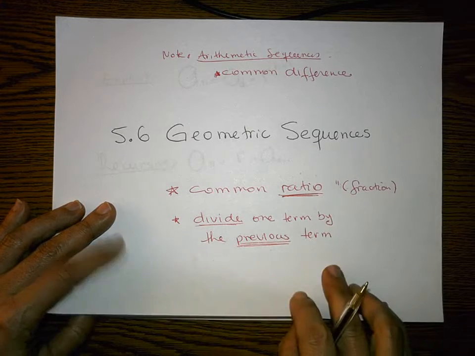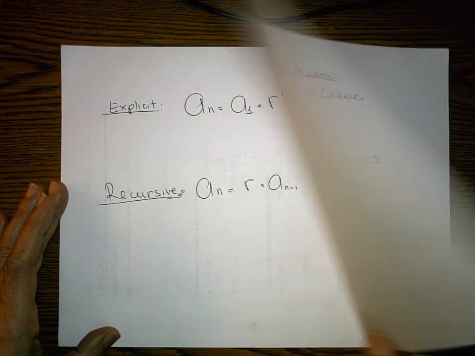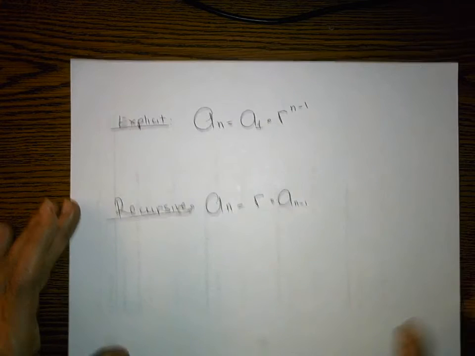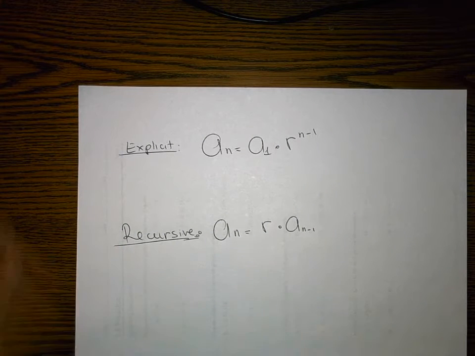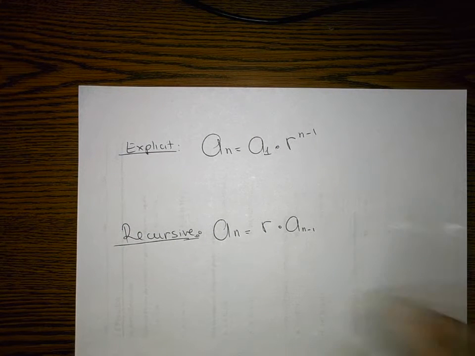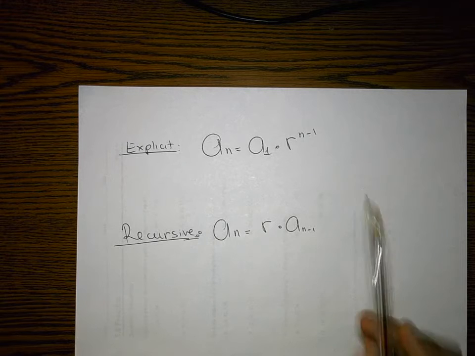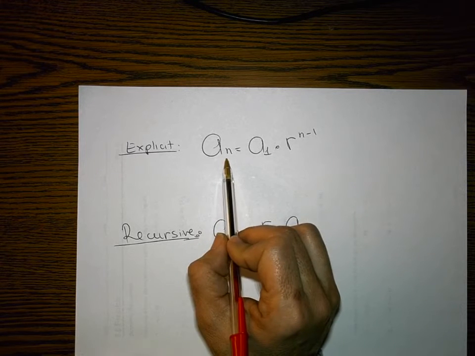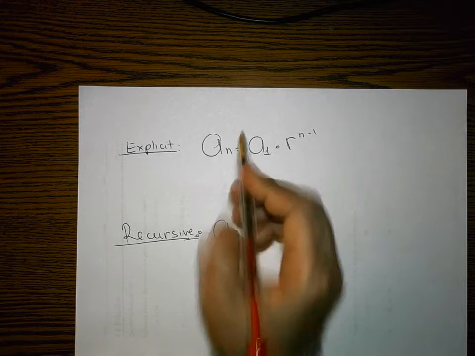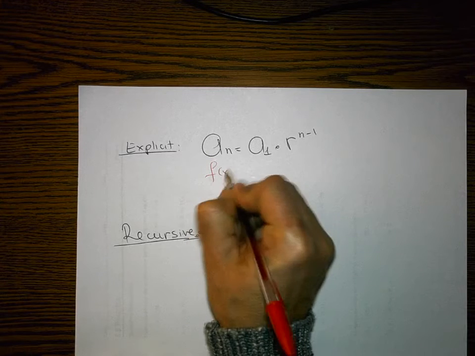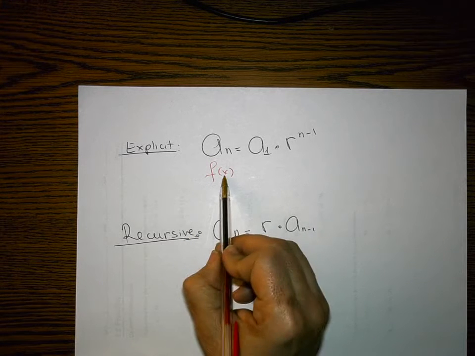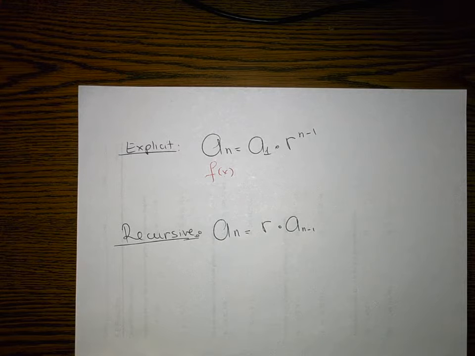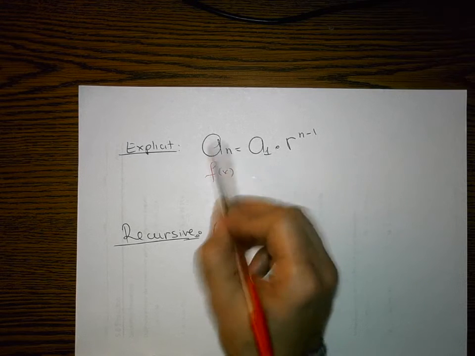All right, now let's take a look at the formulas. If you give me a geometric sequence and you want me to write the explicit or the recursive formula, the students get a little freaked out seeing this, but this is the same thing as if I had written f of x. We plug in x for the domain, we get a y value. Well, this is the same thing.